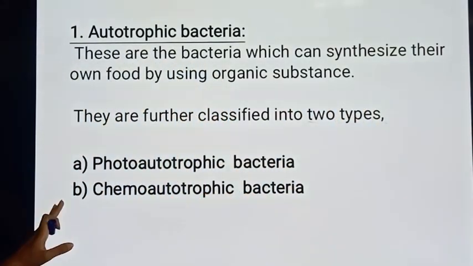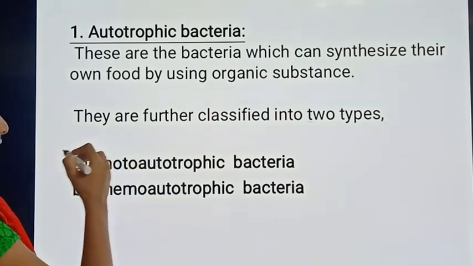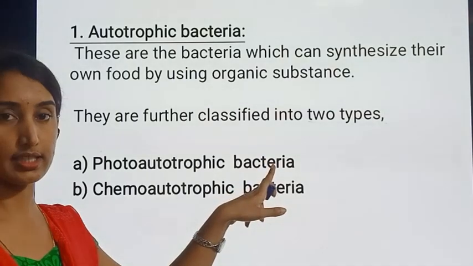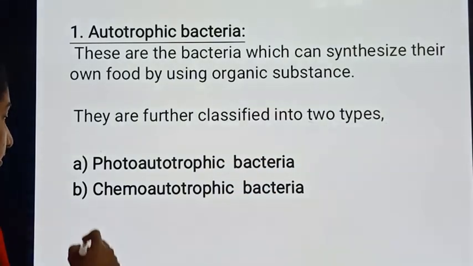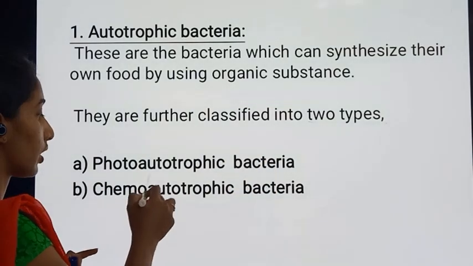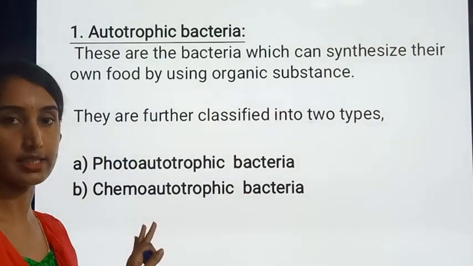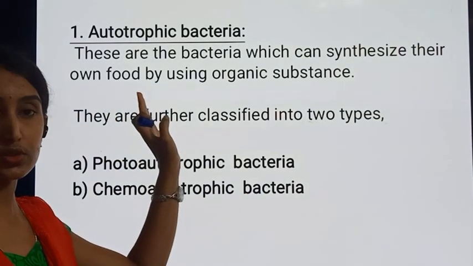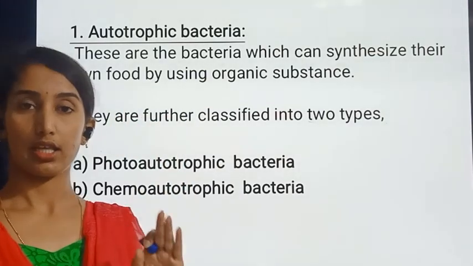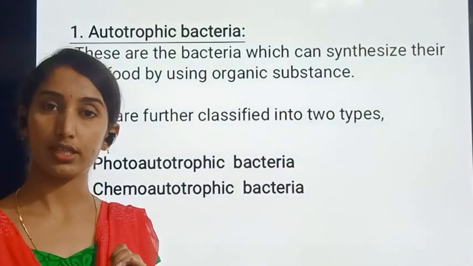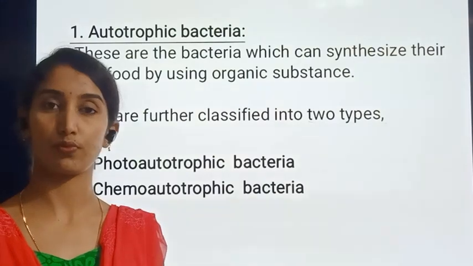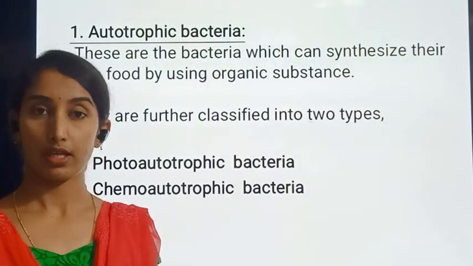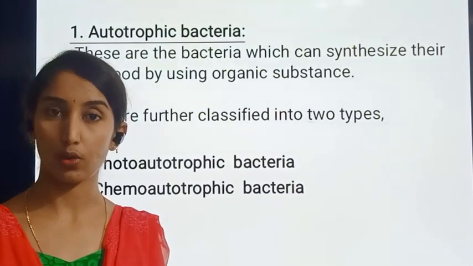How? One is photoautotrophic bacteria and the second one is chemoautotrophic bacteria. First of all, we know that autotrophic bacteria are not depending on any other organisms for nutrition, but instead they are preparing their own food.